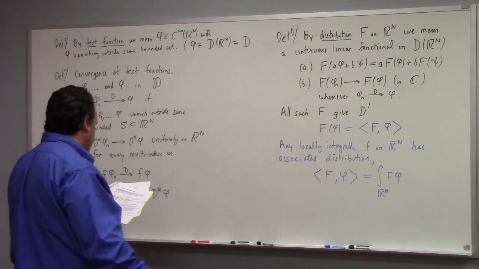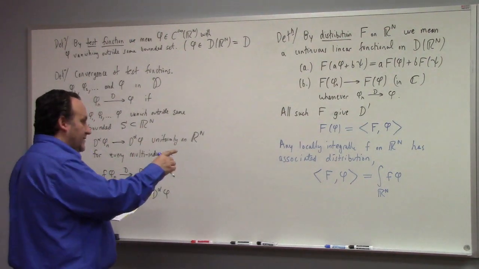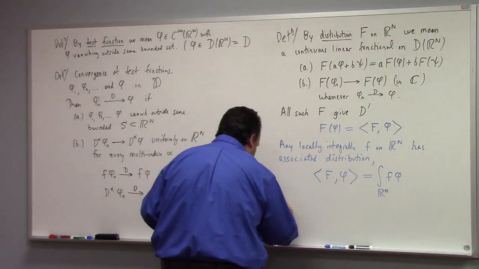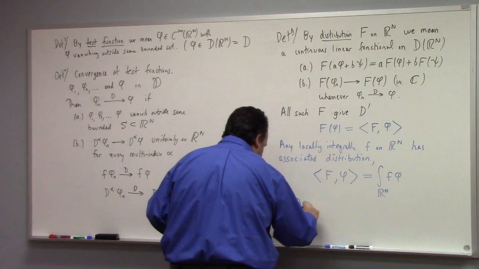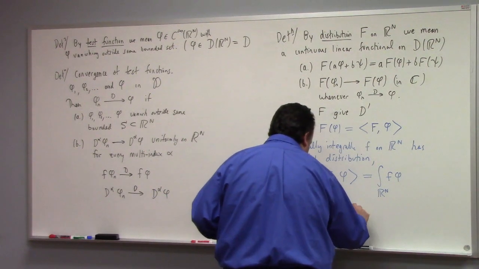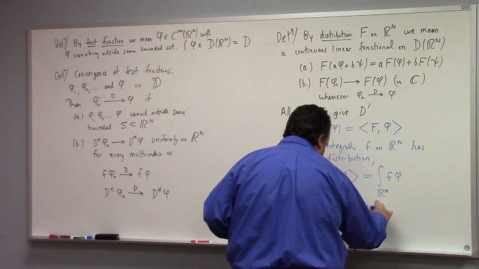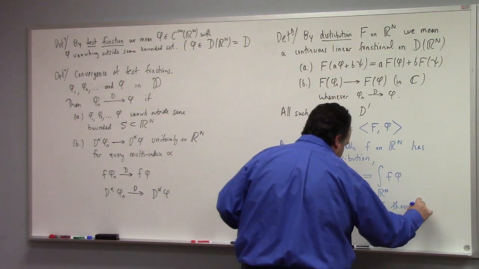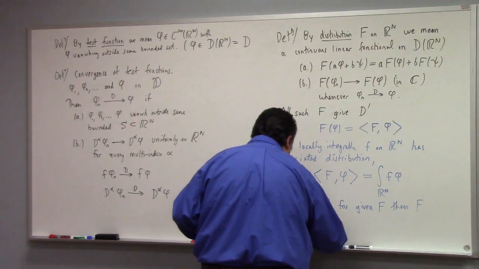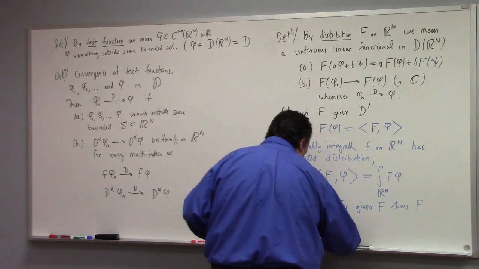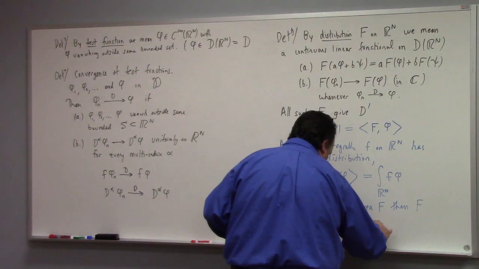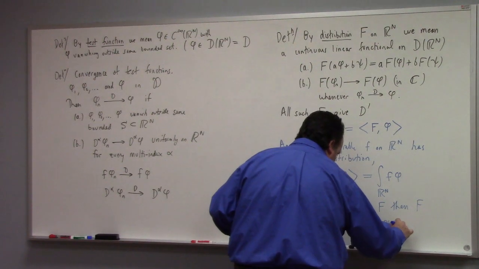And by definition, if there exists such an f for a given big F, then the big F is called a regular distribution. Otherwise, it is called a singular distribution.